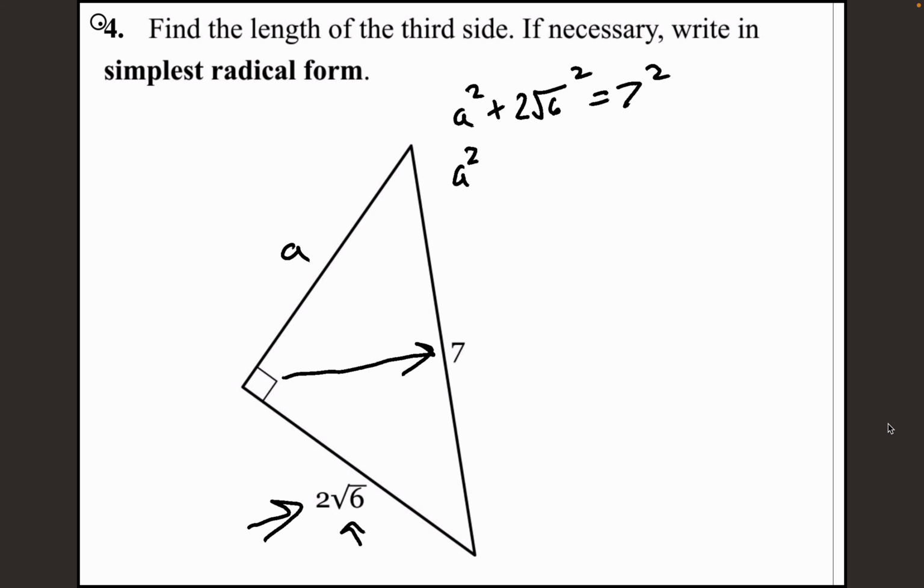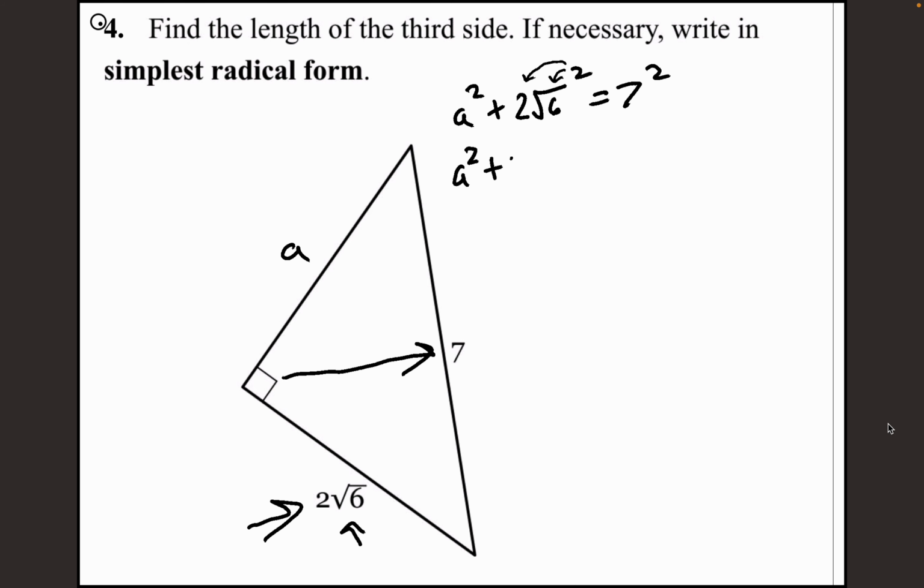Now this is where we have to pay attention if we have a simplified radical as one of our legs or even as our hypotenuse. If I have 2 square root 6 squared, I need to apply this squared to both numbers. So I need to do 2 squared, and what is 2 squared?